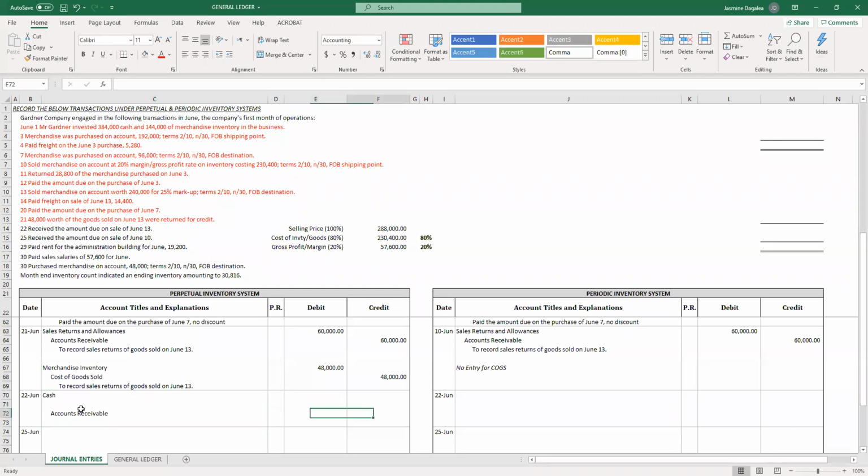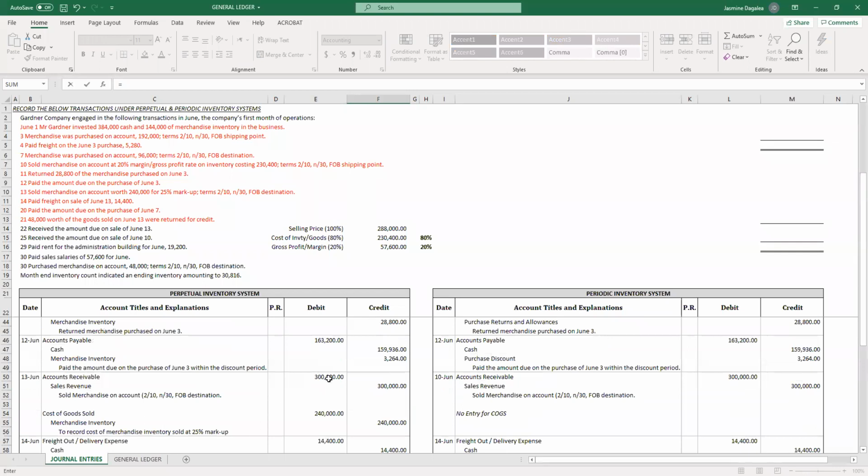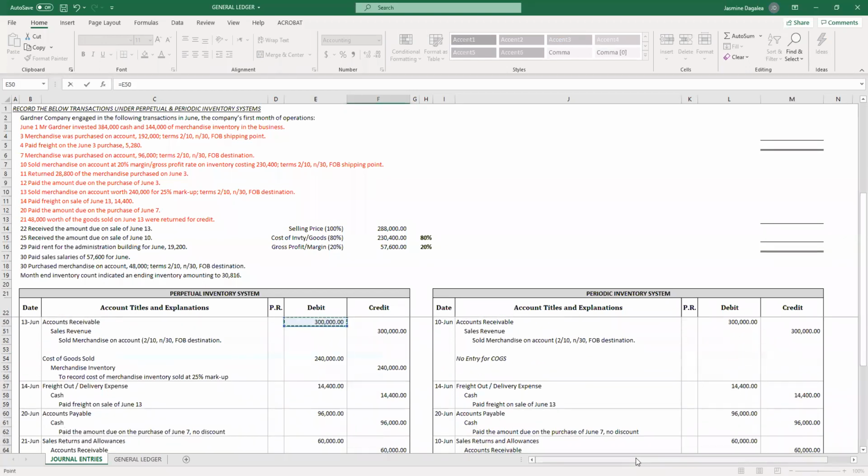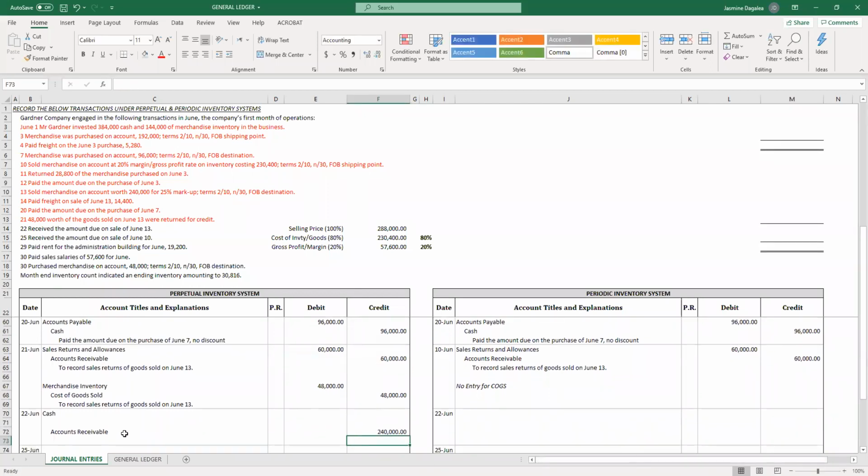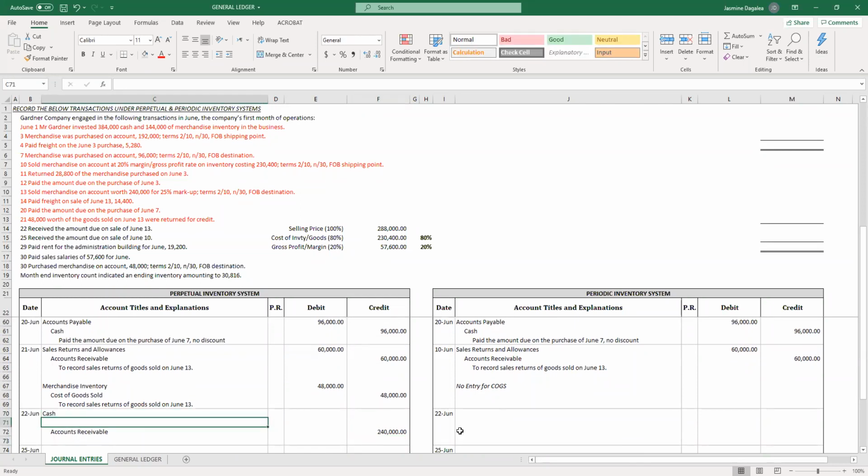Your receivable on June 13 was 300,000 minus return 60,000. 240,000 credit for your accounts receivable. And then debit cash, the difference between the accounts receivable and the cash received, what is your account? What account you should use? Anong account gagamitin nyo para sa discount?